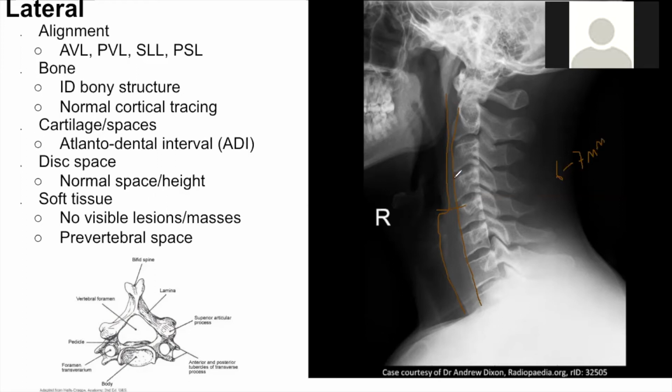So this space here should be around 6 to 7 millimeters. The space below should be about 2 to 2.2 centimeters. And why do we even care? Because retropharyngeal abscess could occur here. So if you get a lateral X-ray, you will see this space. Let me undo this real quick.